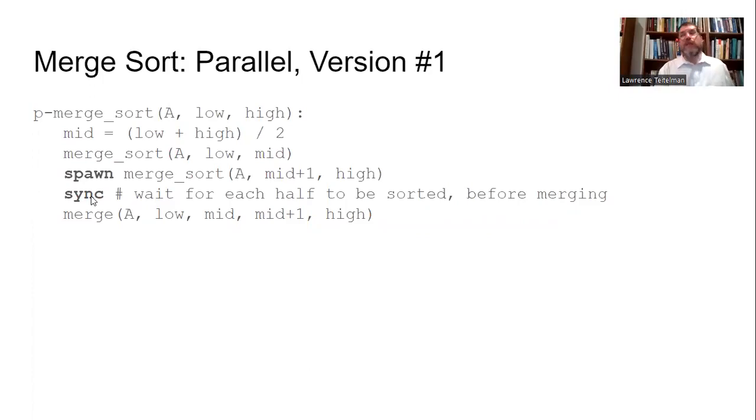All right, can anyone tell me why the merge part is not so easy to parallelize? So the merge, you need all the elements there. Remember, you can't just chop them in half and do the first half of both and the second half of both. You know why? Because maybe all the smaller elements are in one list.